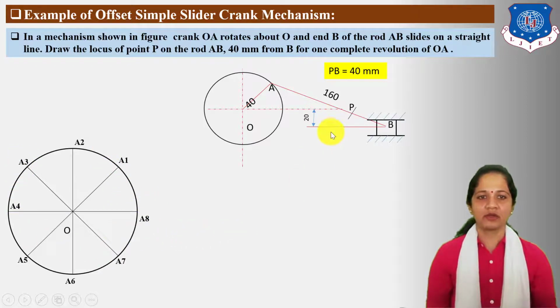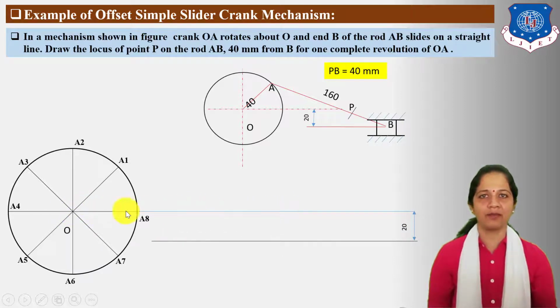Next, draw the path of slider B, which is offset, and offset distance is given 20 mm from path of O. So locate path of slider B, 20 mm offset distance is given from horizontal path of O point.